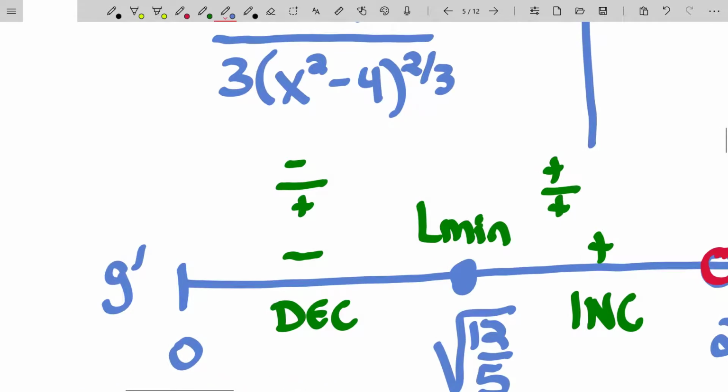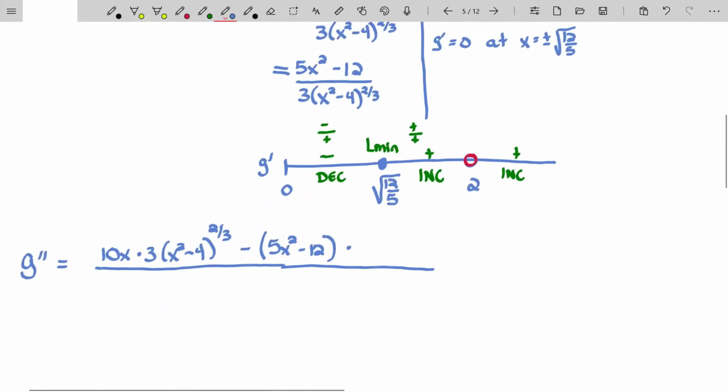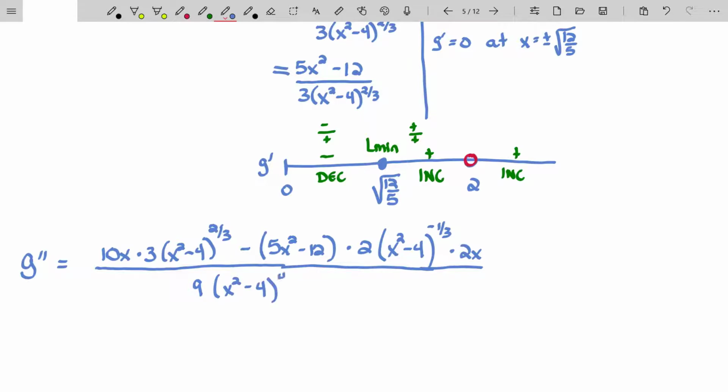The derivative of that denominator is 2/3 times 3, or in other words 2, times x squared minus 4 raised to the negative 1/3, and then by the chain rule, 2x. In the denominator, you're going to square that: 9 times the quantity x squared minus 4 raised to the 4/3.